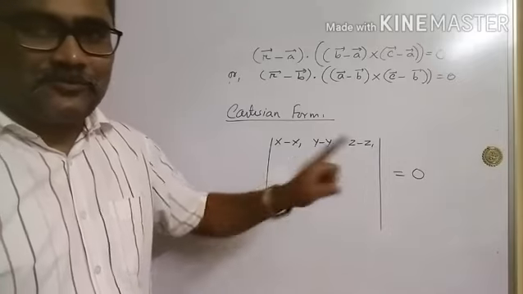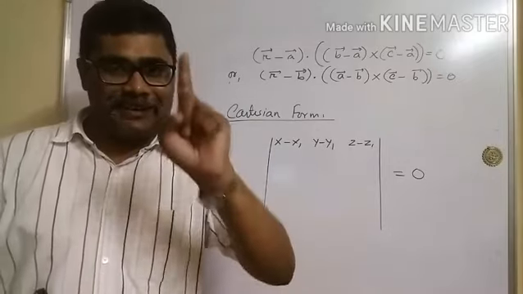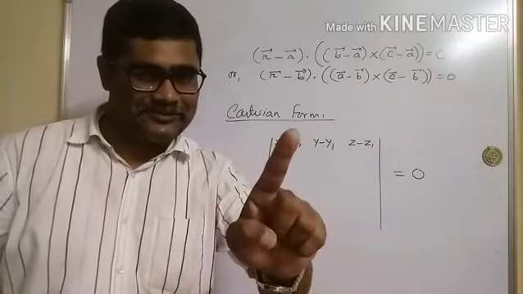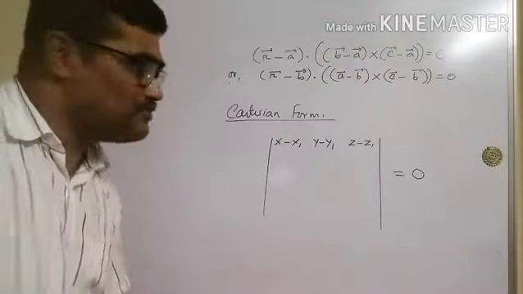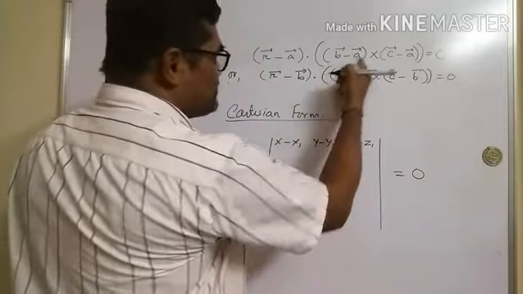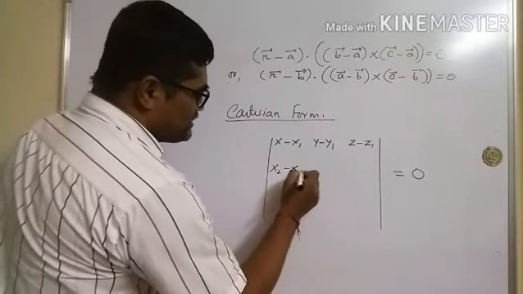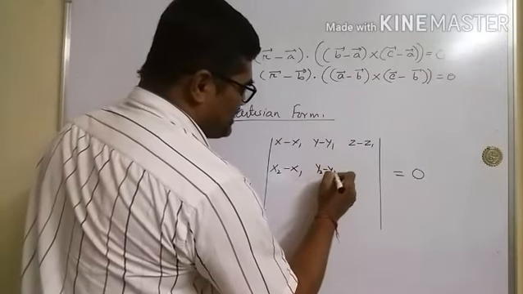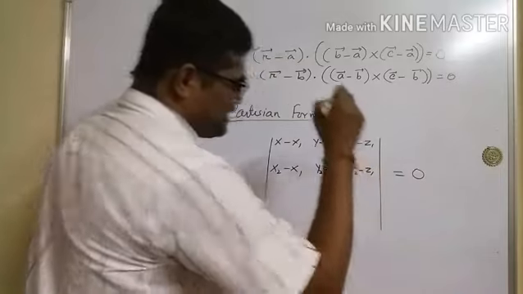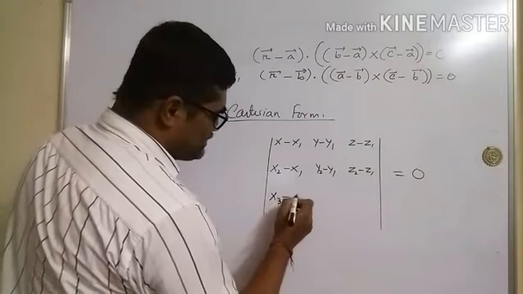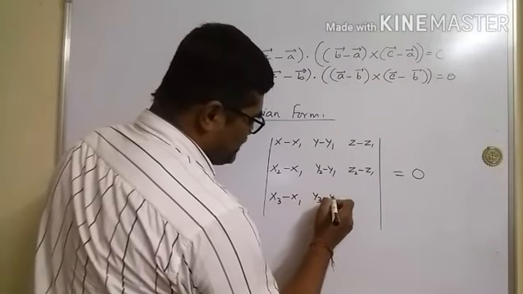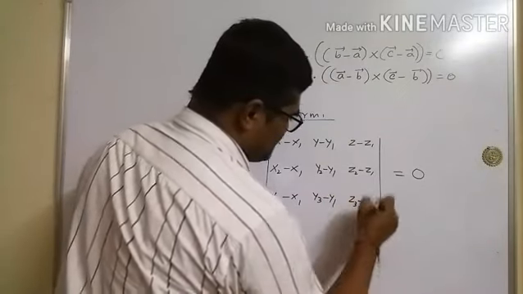Point B having coordinates x2, y2, z2, point A, x1, y1, z1. So this will be x2 minus x1, y2 minus y1, and then z2 minus z1. Third one will be x3 minus x1, y3 minus y1, z3 minus z1, and you are done.